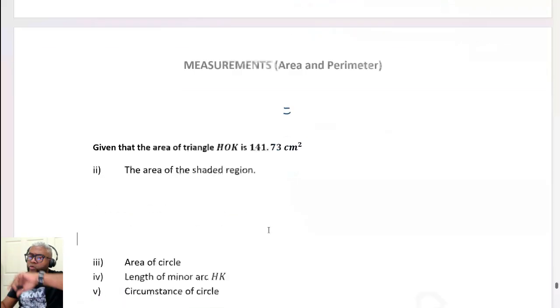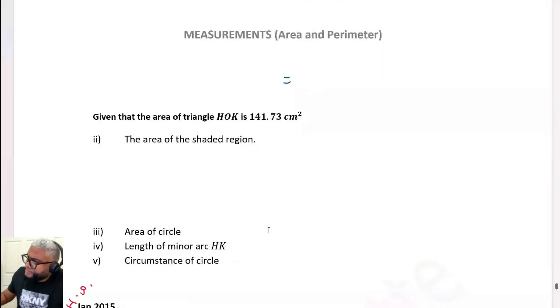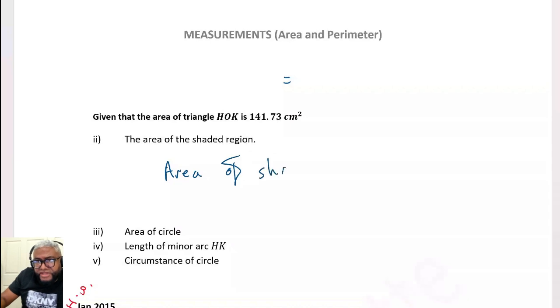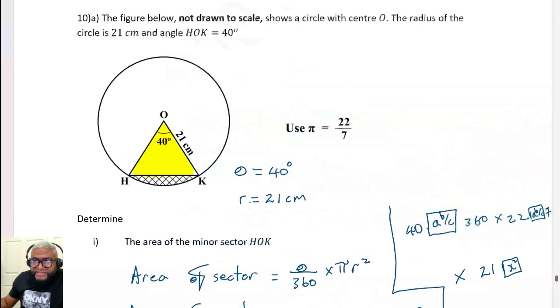Let me see. Who has any idea what we need to do there? Anybody? The area of the shaded region. Excellent. Area of the shaded region is, remember the whole thing is the sector, right? And then this piece here is the triangle.